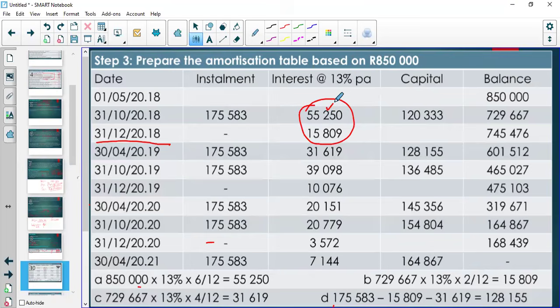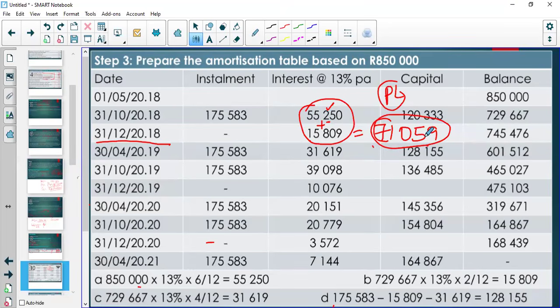So you're going to add this plus that, and you get 71,059. And this is the interest income that you should include in profit or loss. That's the purpose of preparing this amortization table. We need to know how much finance income to recognize. So finance income would be 71,059 in the profit or loss.